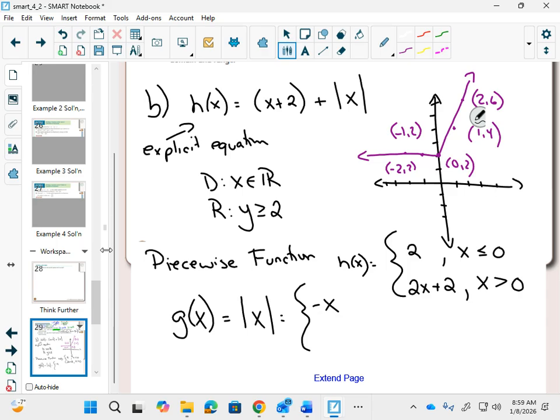So whenever your x values are less than or equal to 0, and check it out, what's the absolute value of negative 2? You know it's positive 2, right? But if I plug it into this formula, does it still give me positive 2? If I plug in negative 2 and put a negative in front of it, yeah, it makes it positive.